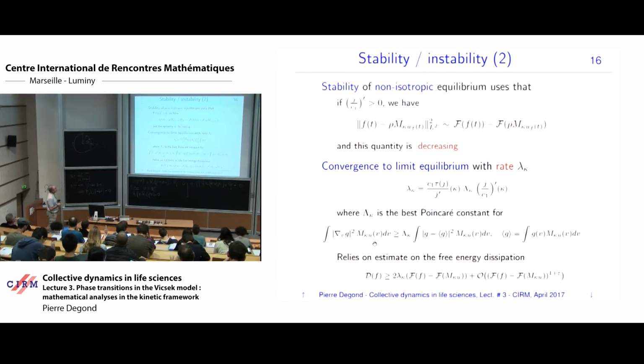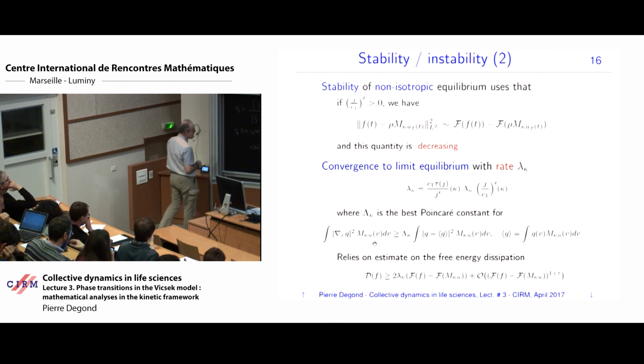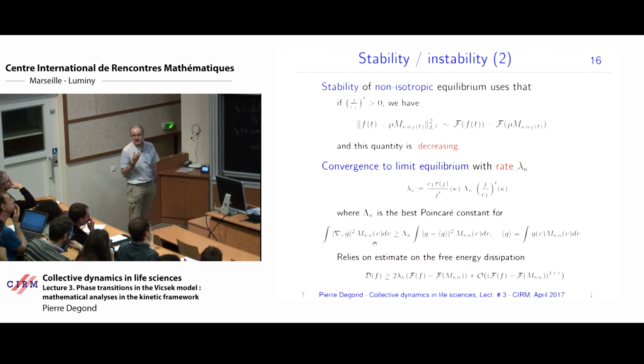You have a spectral gap estimate here, and you rely heavily on the free energy and free energy dissipation to do that. So a little bit like the proofs of Desvillettes and Villani of the convergence to equilibrium for the Boltzmann equation using the entropy. It's a bit the same kind of method.